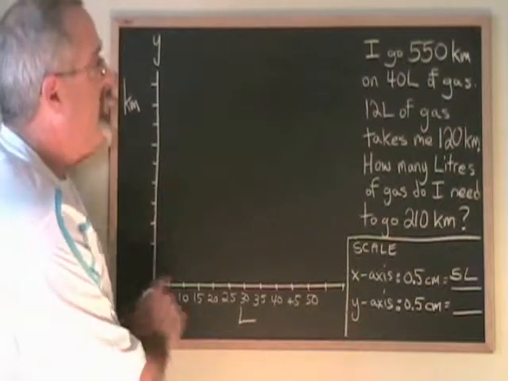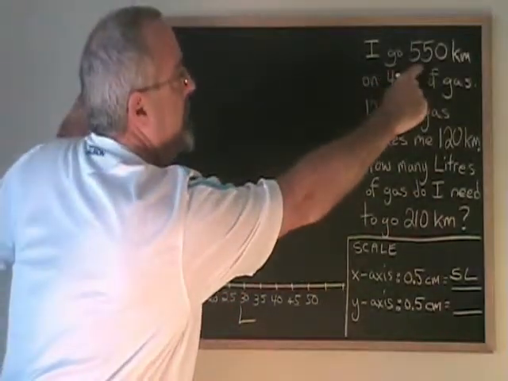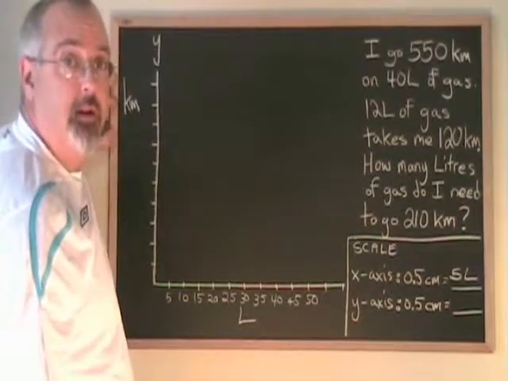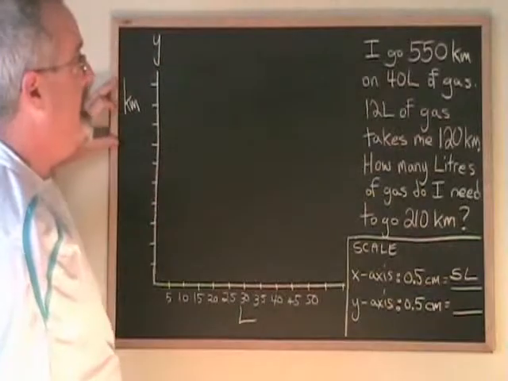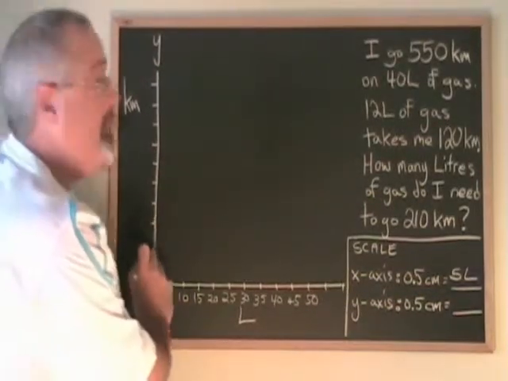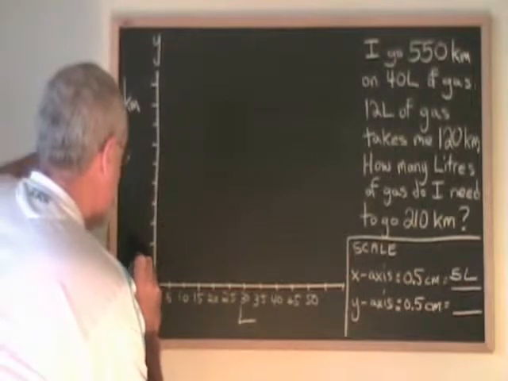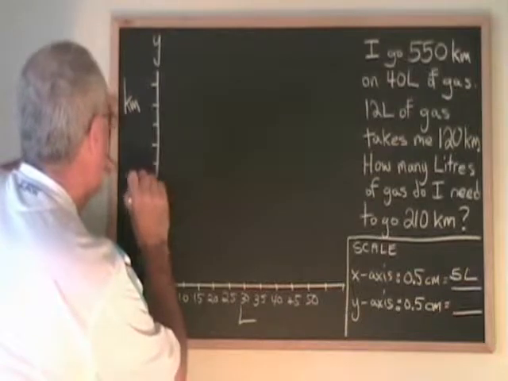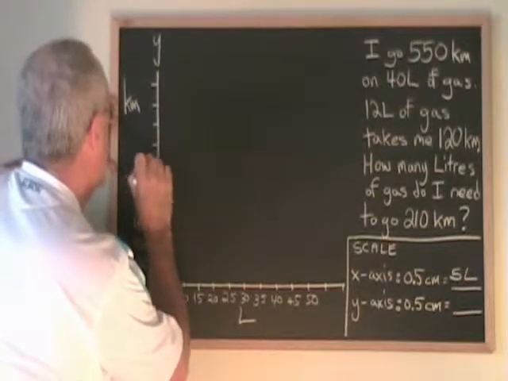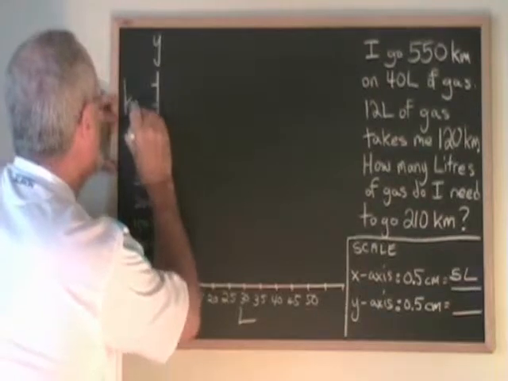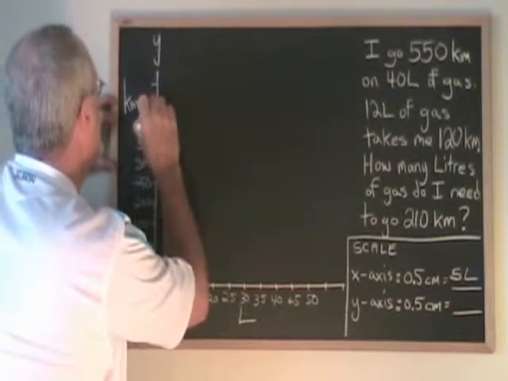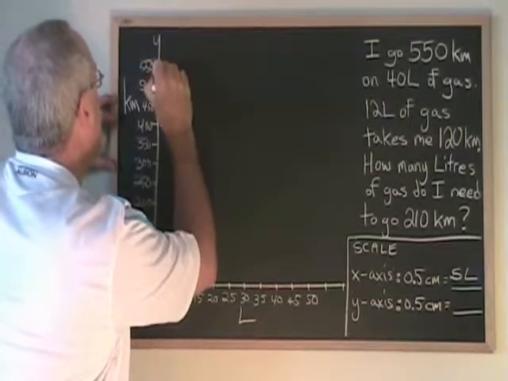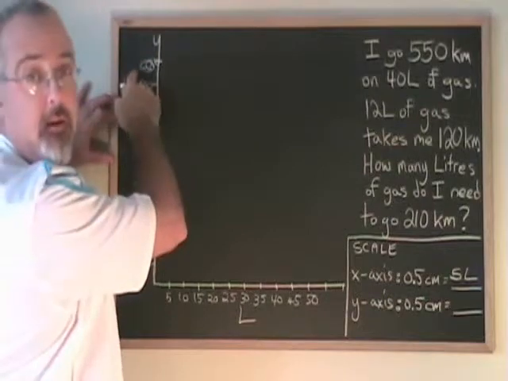On the y-axis, I'm putting the kilometers. I have 550, 120, 210. I have to make sure the largest number fits, the 550. If I make each square on the graph paper equal to 50 kilometers, 550 goes way up here.